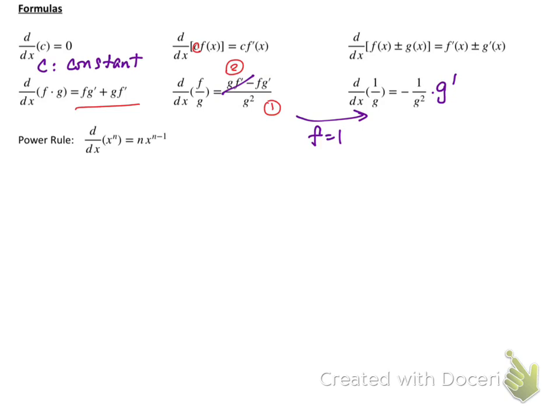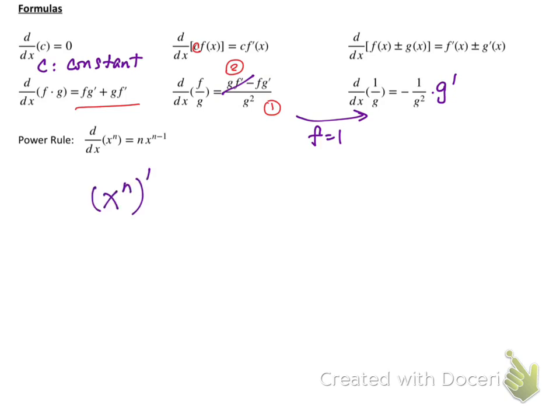Other than all these basic rules, we have one more formula, which is the power rule. Power is pretty much the foundation of polynomials. So the power rule says when you are differentiating a power of x, where the independent variable is on the base, then what you do is you copy.